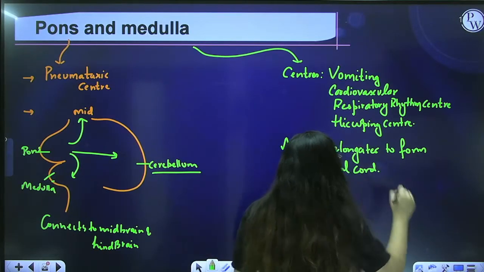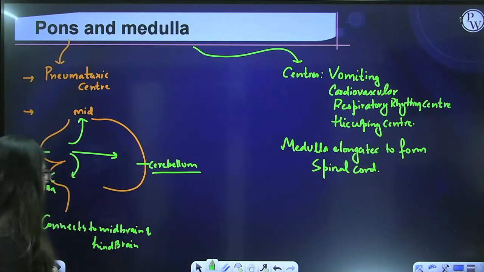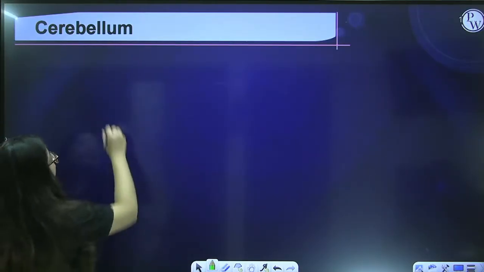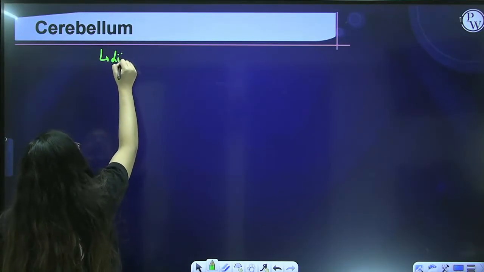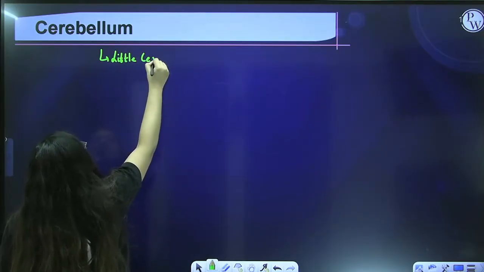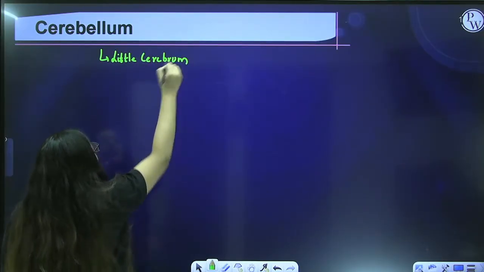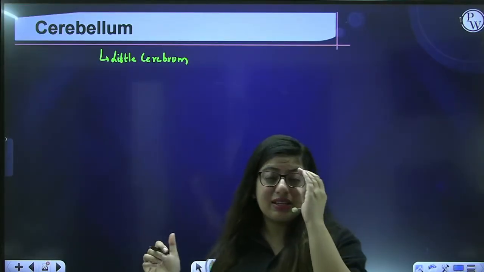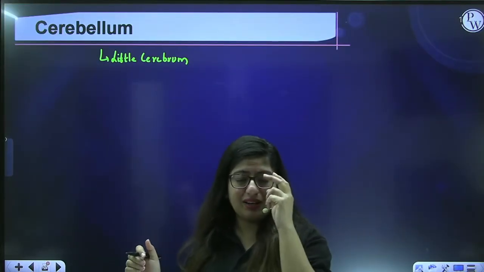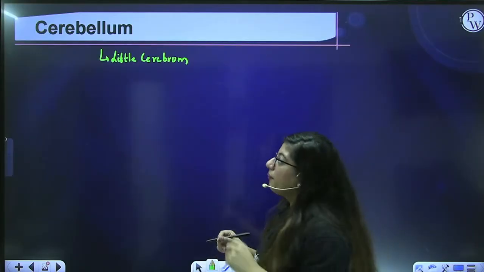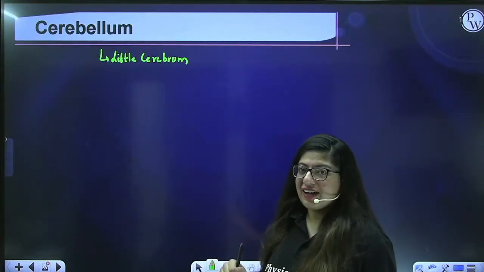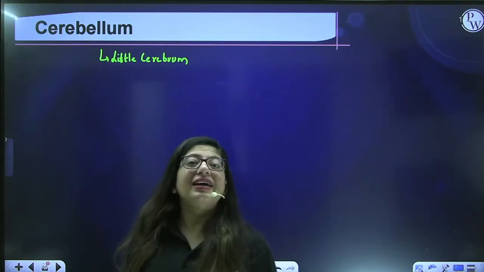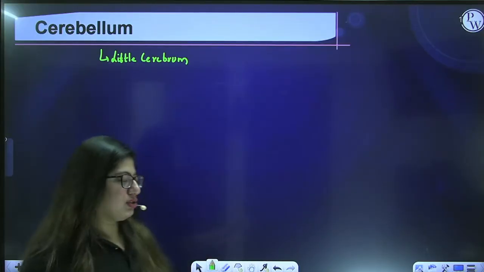All right. Okay, so the last part in the hindbrain that we have is the cerebellum. So cerebellum is known as little cerebrum. Why? Cerebrum is the largest part of the brain. This one is the second largest part, right? Another thing to note down here, cerebellum, just like that of cerebrum, is also folded.